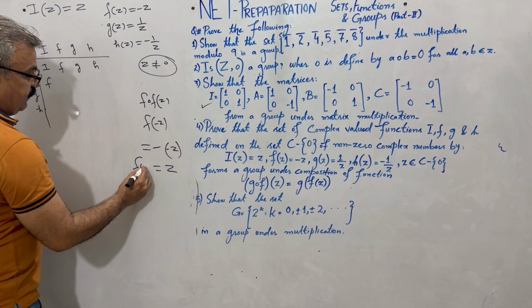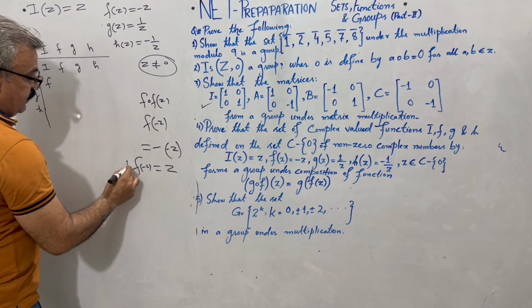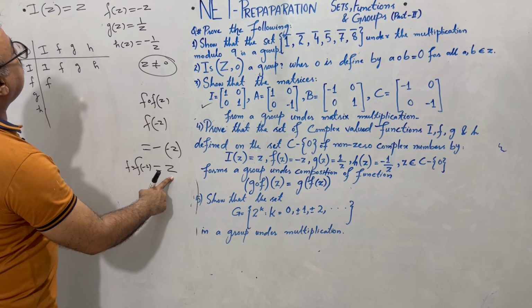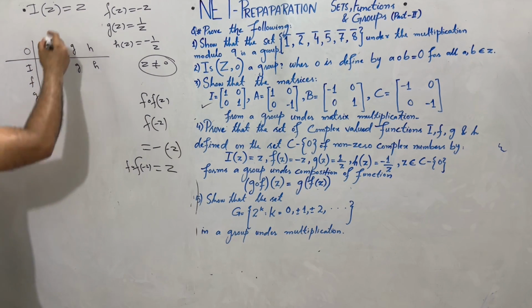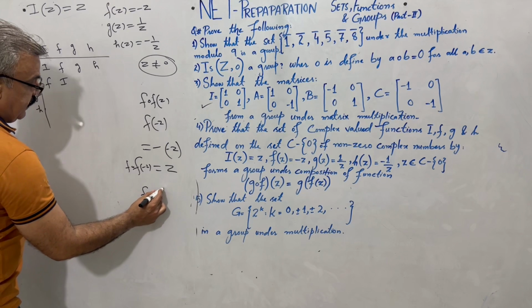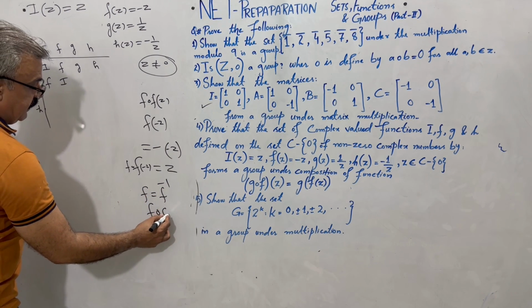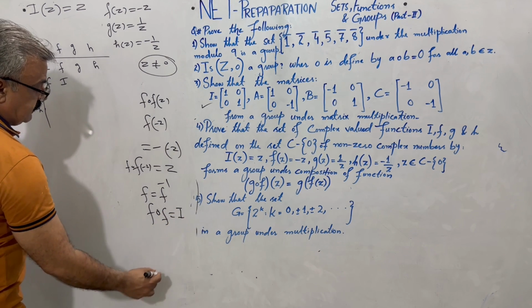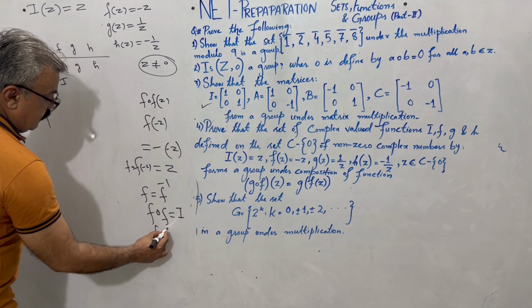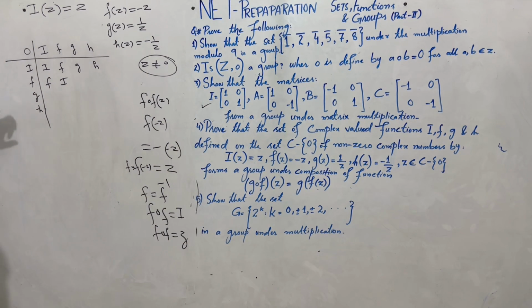So F∘F is going to be z, and z is the identity. So it gives the identity. It proves that F is the inverse of itself, because the composition of F and F results in I, or one can write F∘F results in z.